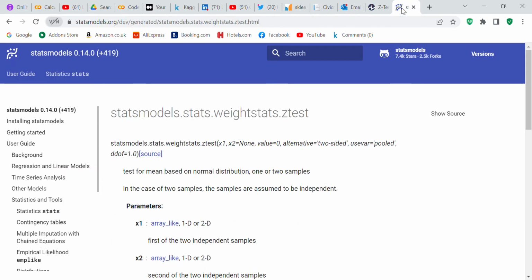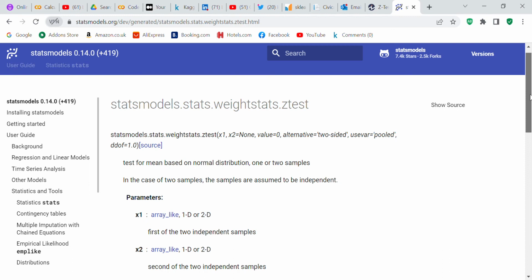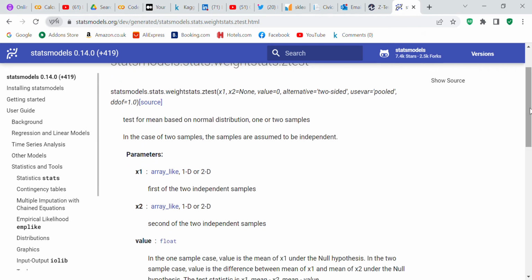The next thing we're going to talk about is the statsmodels Z-test. statsmodels.stats.weightstats.ztest is a test for the mean based on normal distribution, one or two samples. In the case of two samples, the samples are assumed to be independent.